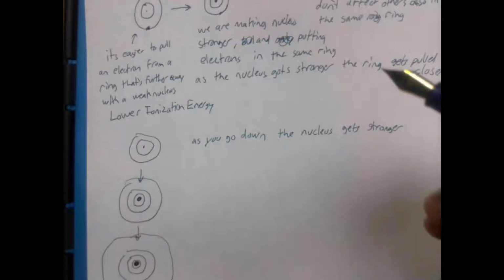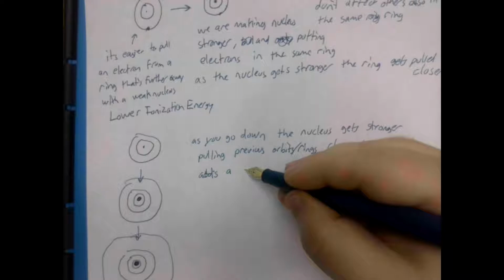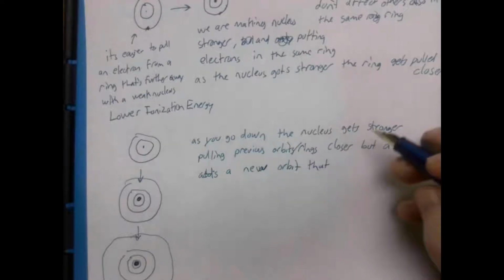So as you go down, the nucleus gets stronger, pulling previous orbits closer, but also adds a new orbit that's farther away.